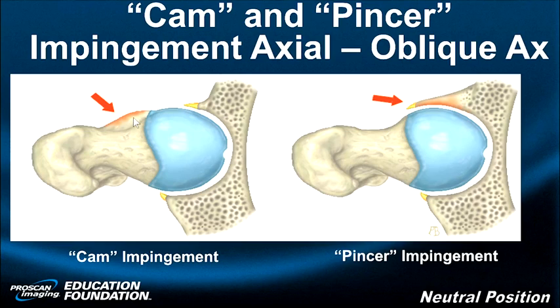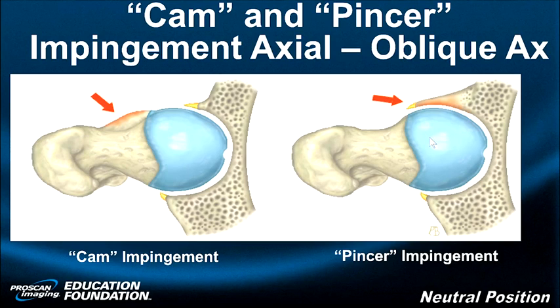Cam impingement, asphericity, not. Retroversion, pincer impingement, not. Shallow cup, cam impingement, deep cup, pincer impingement. Chondromalacia and abrasions in the front, cam impingement. Extensive severe chondromalacia in the back, pincer impingement.